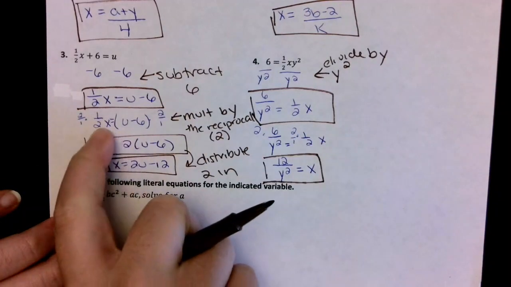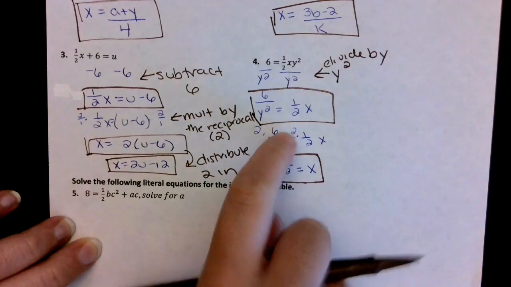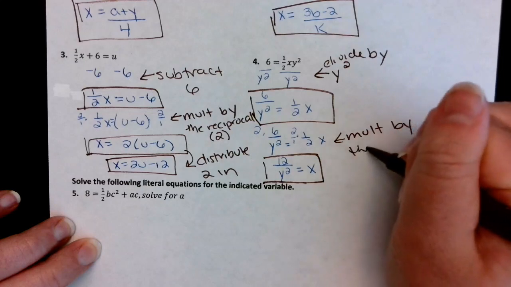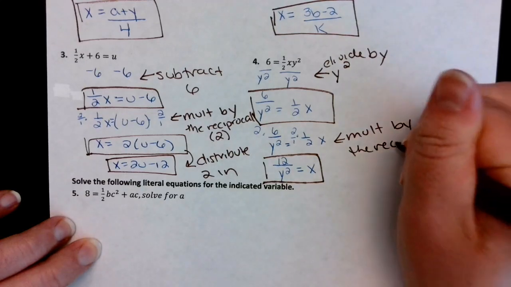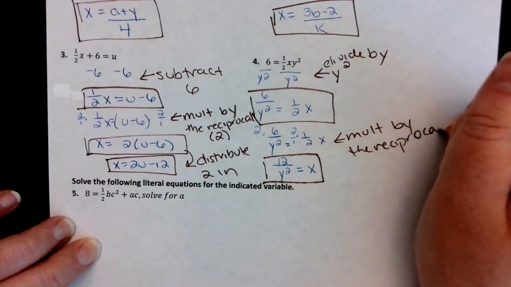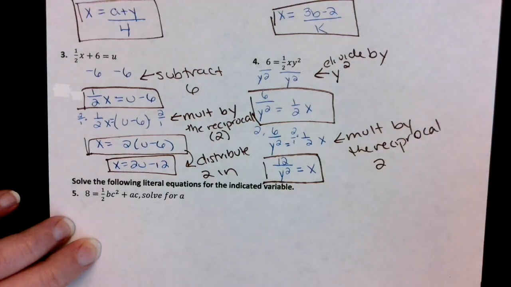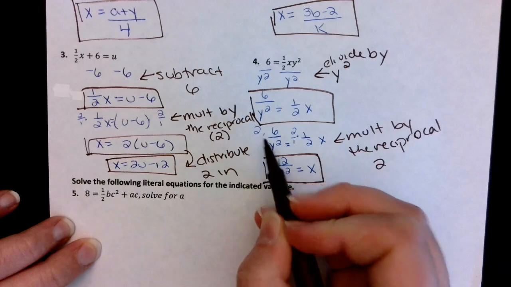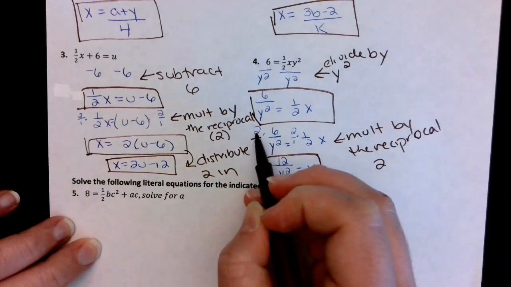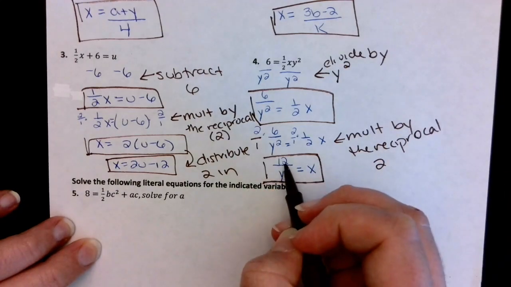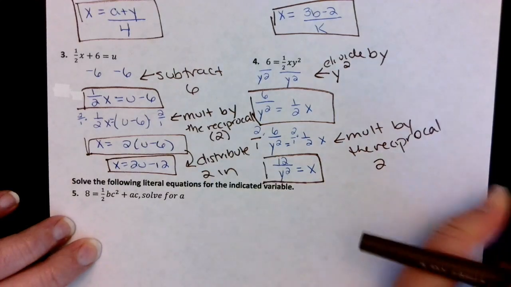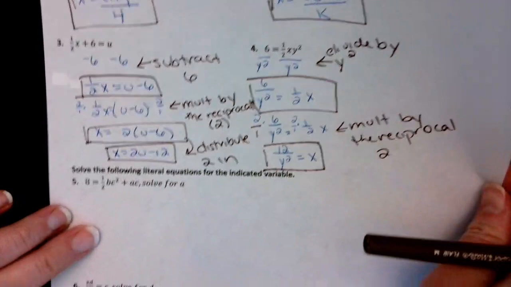Just like in number 3, to get rid of that 1/2, I need to multiply by the reciprocal. And again, this reciprocal was 2. So I multiplied both sides by 2. And when I multiply by 2, I multiply across. 2 times 6 is 12. 1 times y squared is y squared. So that's where I get my final answer.